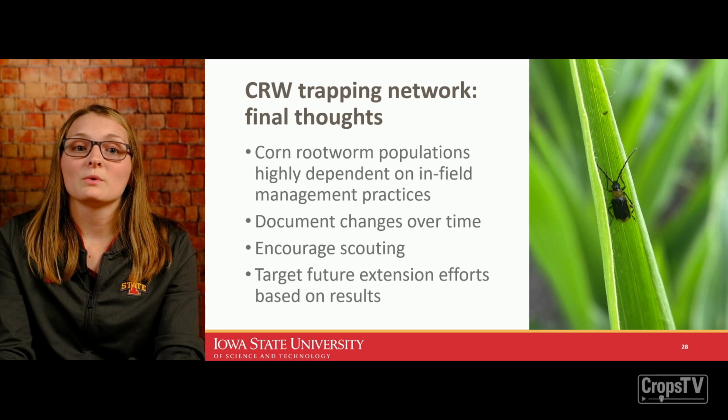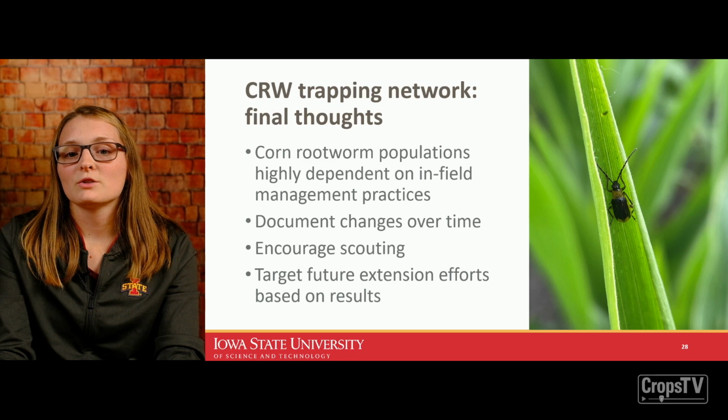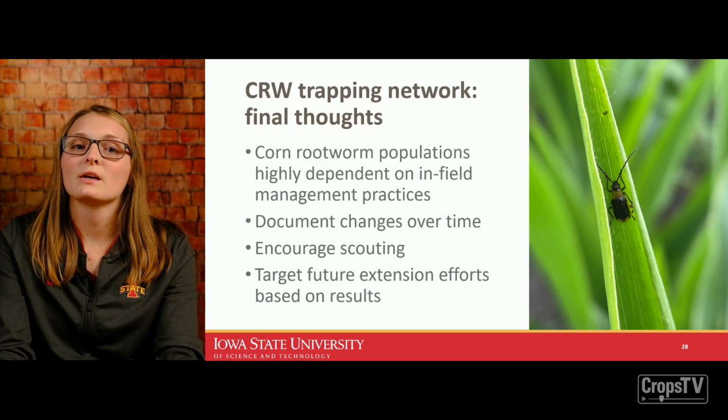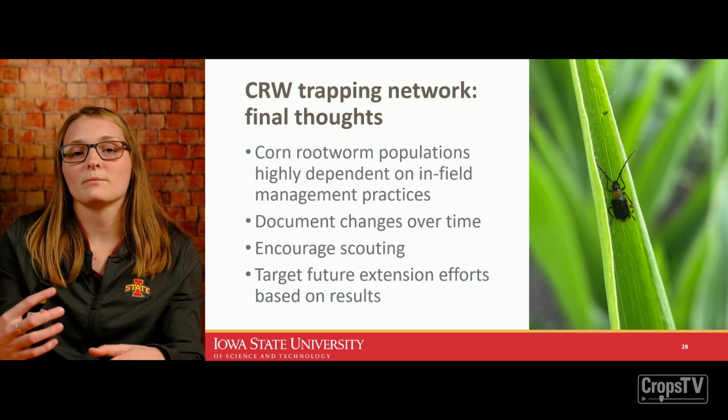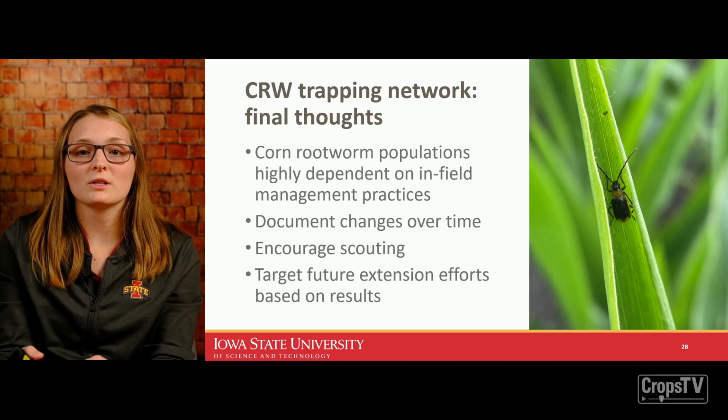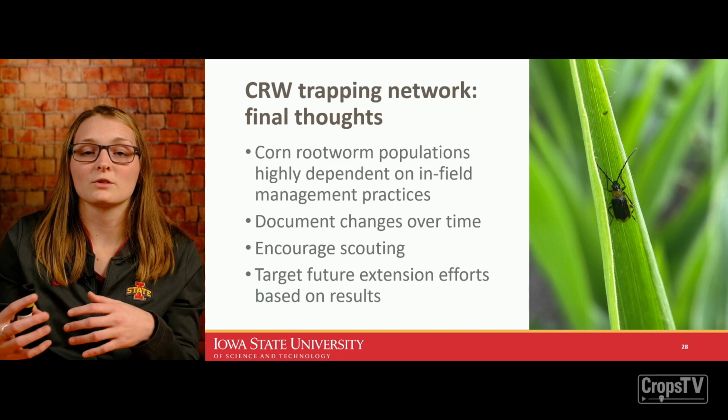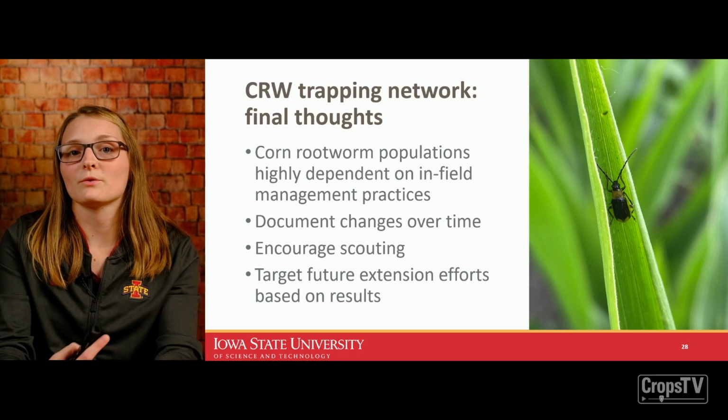But what we hope that we can do with this network is to document changes over time. So it could be documenting changes in total beetle populations or the ratio of westerns and northerns in a particular field.